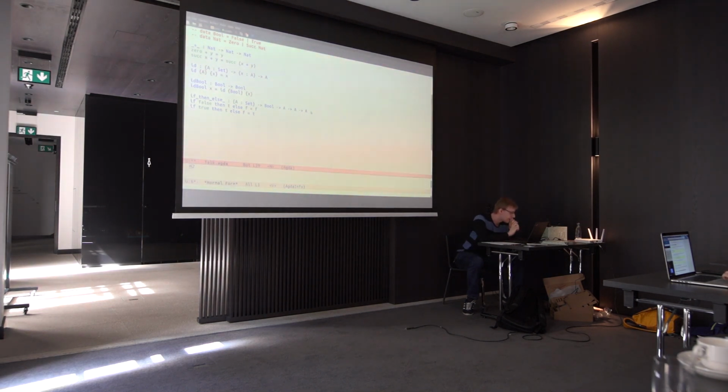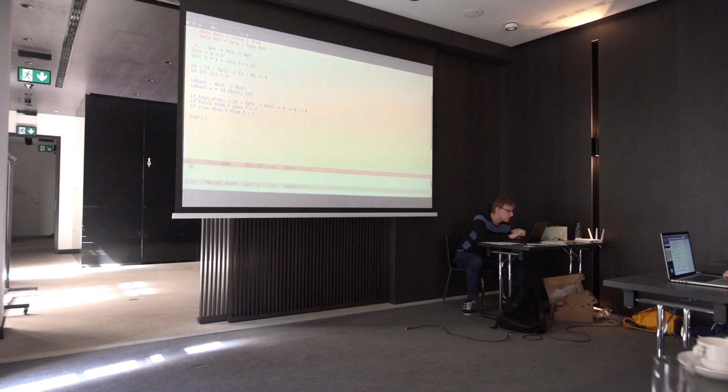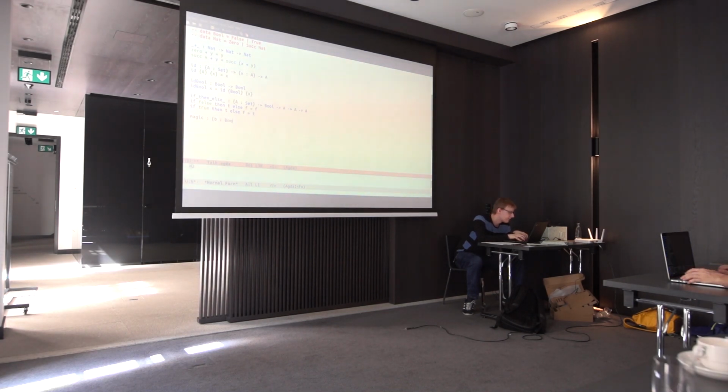Let me now write another function. I will call it magic. Magic will take a boolean and will return if b then Nat else Bool. Magic for true will be 10. Magic for false will be, say, true.